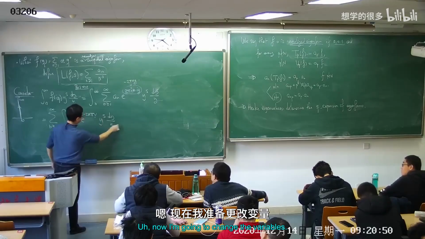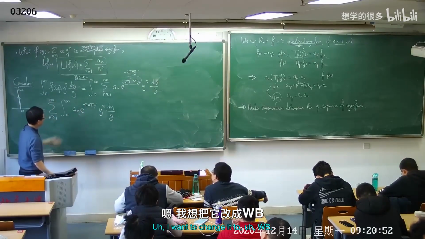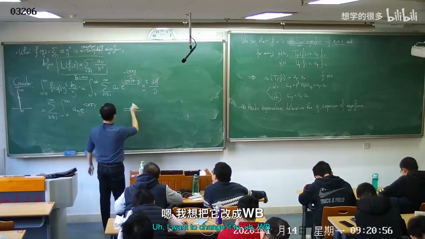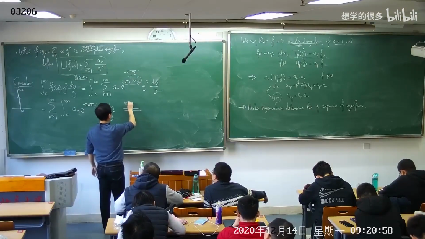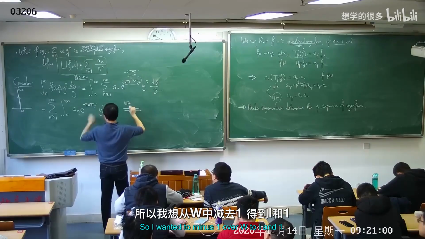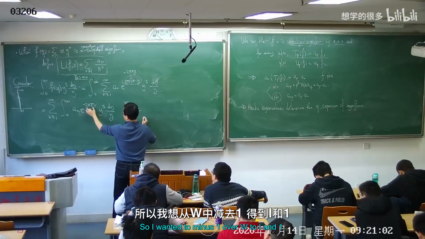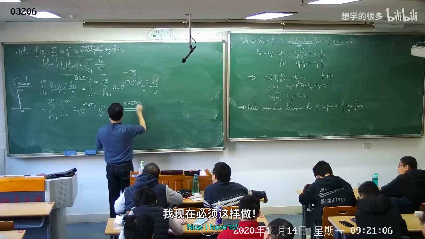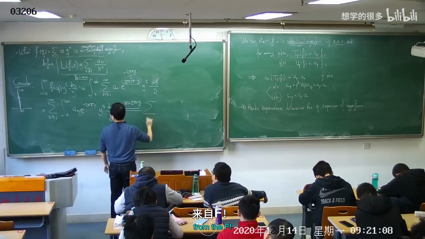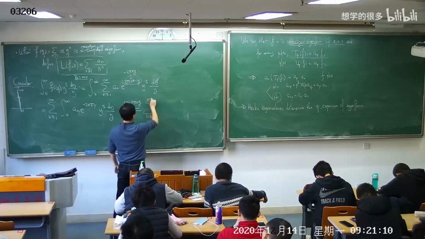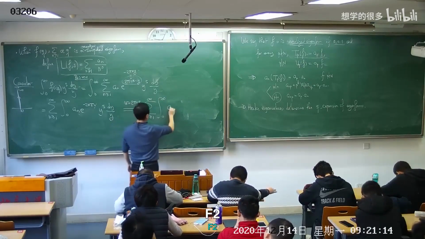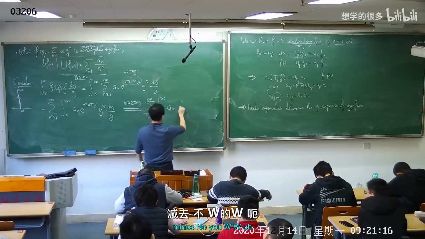Okay. Now I want to change the variables. So I want to change it to, let's see, w being the one is minus 1. So w is 2 pi n y. Now I have the integration with the sum, the integration to infinity of a_n times e to the minus w.